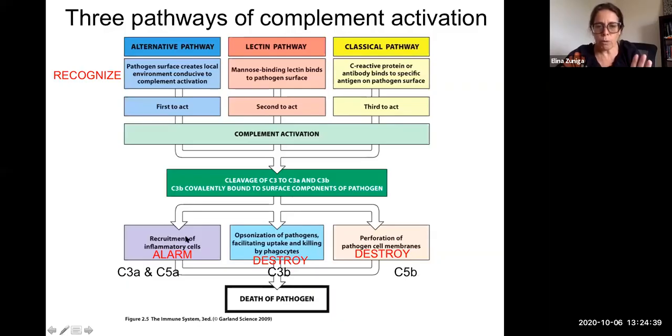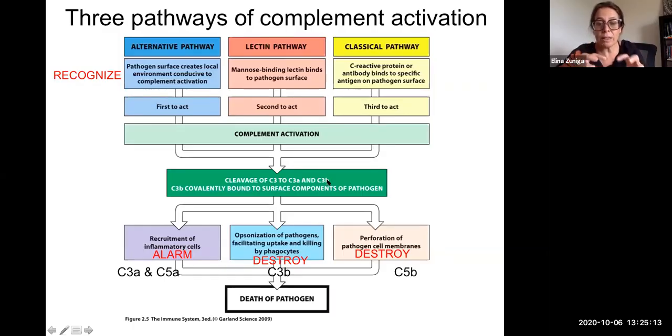So we will go in detail now through each of these outcomes, but I want you to have with this slide an overview of complement activation. We said that it can be initiated by the recognition of the pathogens through the alternative pathway, lectin pathway, or classical pathway, and in all the cases will converge into cleavage of C3 to C3a and C3b.